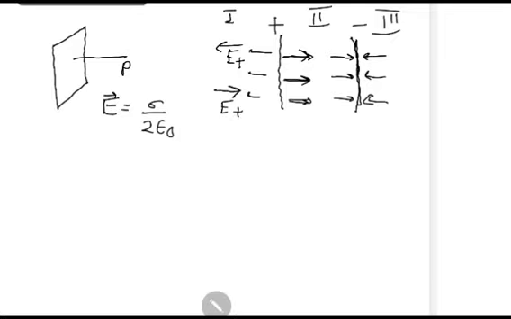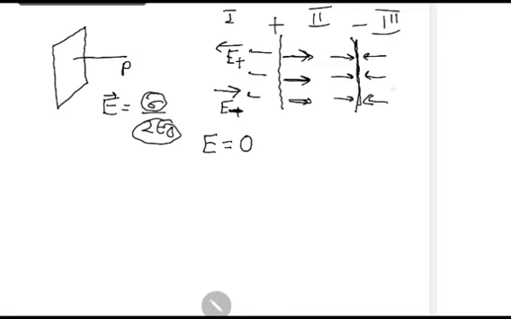Because the electric field intensity depends only on sigma and epsilon naught, and does not depend on the distance, in the first region the electric field due to the positive and the negative charge cancel out. The magnitudes are the same and the directions are opposite. That's why the resultant electric field here is 0.